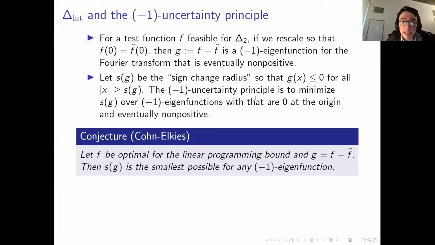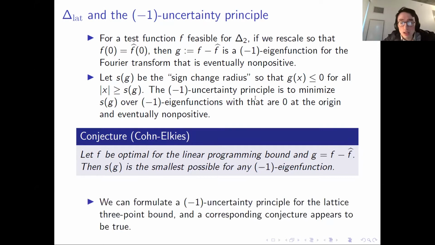And conjecturally, if you take an optimal test function, by optimal I mean better than all other test functions for the linear programming bound, then this procedure should conjecturally give you the answer also to the -1 eigenfunction uncertainty principle, which I just said.